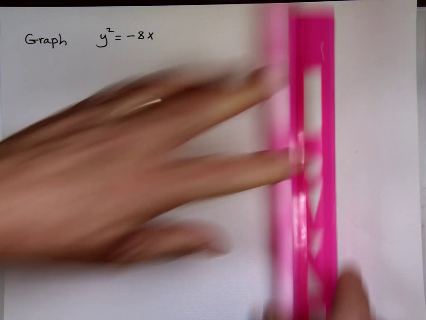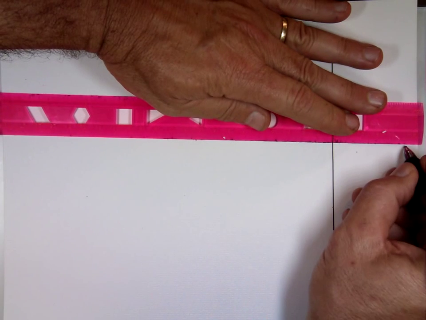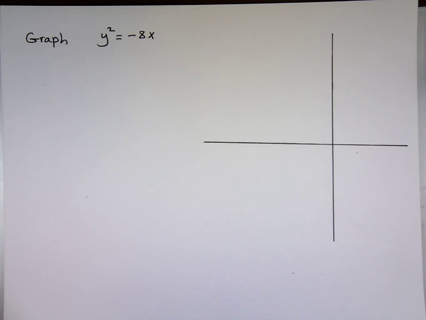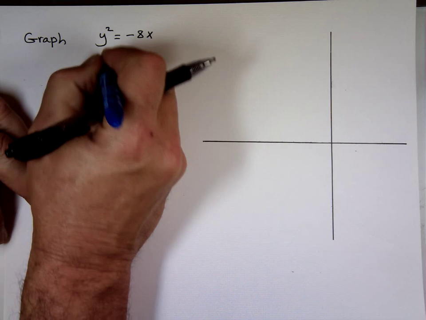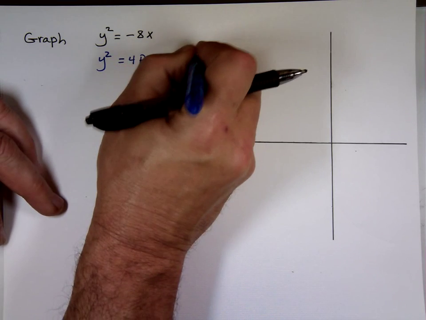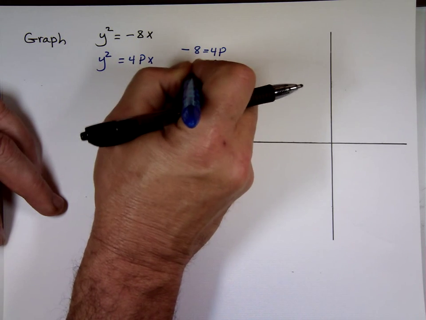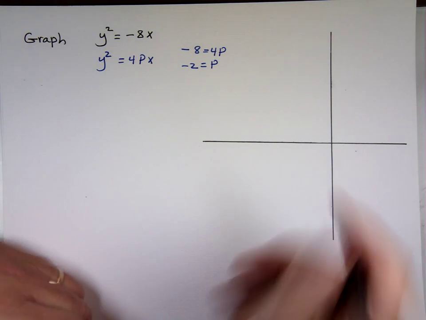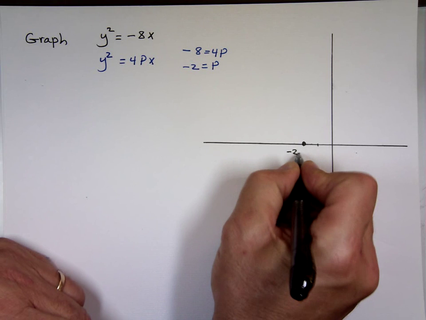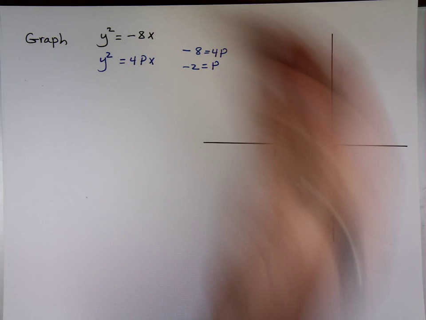So my graph is going to be either left or right. The form I'm trying to match with that one is what? Y squared equals 4p times x. So negative 8 equals 4p. What's p? Negative 2. My focal point is going to be at negative 2. That's where p is. So my graph is going to be to the left again.